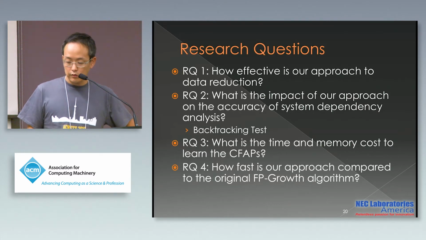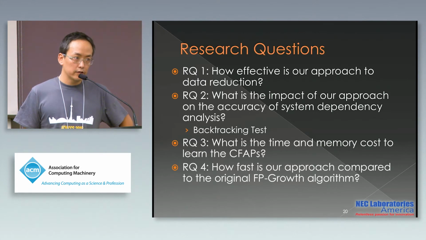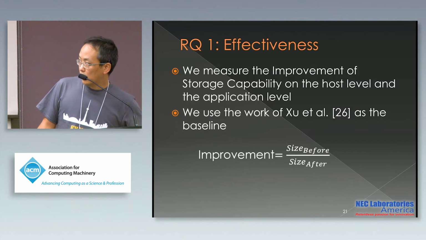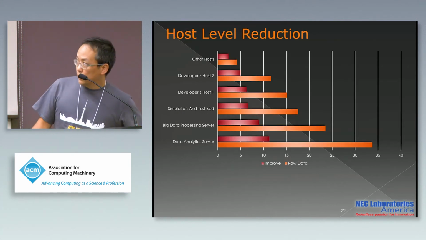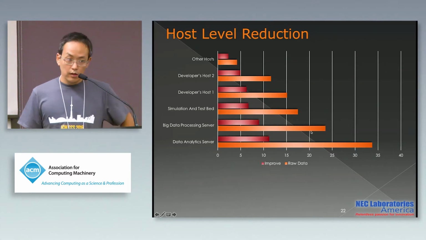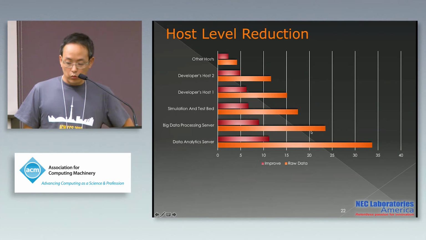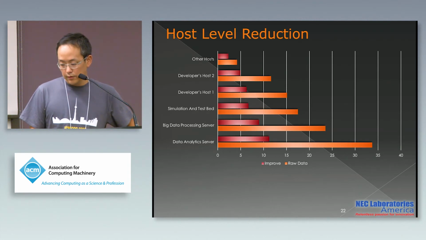Research questions 3 and 4 are about the effectiveness of our modification of the FP approaches. Yeah, these are the metrics that we used for our evaluation. As you can see from here, we first evaluated our reduction gain for different types of hosts. What we want to highlight here is that our work especially works well for data analysis and data processing tasks, which involve a lot of process creation and end events.